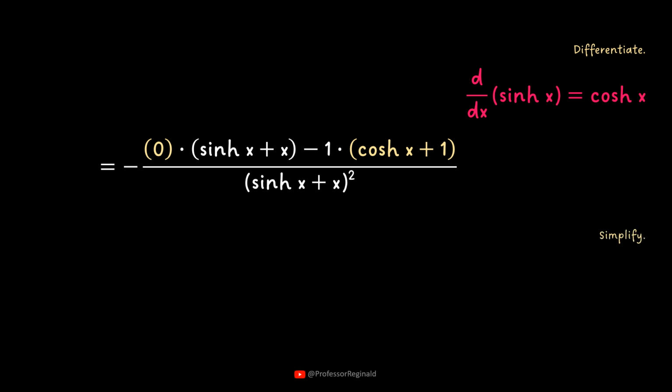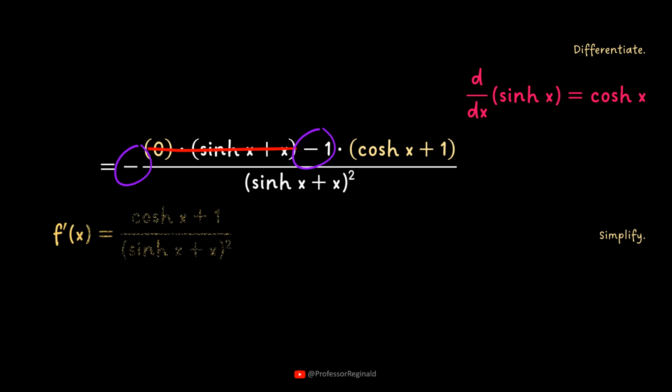Simplify the derivative. The first term in the numerator becomes 0. Then combine the two negative signs. Consequently, f prime of x equals the quantity of hyperbolic cosine of x plus 1 all over the square of quantity of hyperbolic sine of x plus x.